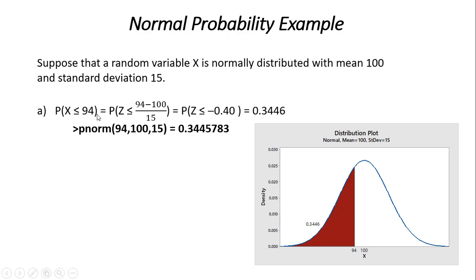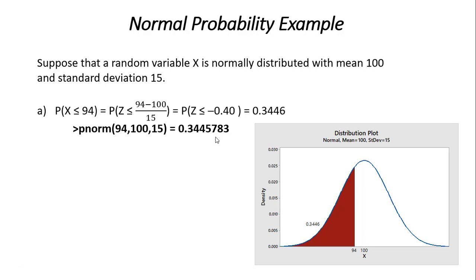So the probability we want is equal to the probability z is less than or equal to negative 0.40. Now we could look this up in a normal distribution table. We should get 0.3446. To do the problem using R, we would use P norm, 94, 100, that's the mean, 15, the standard deviation. You could see we get this same answer.